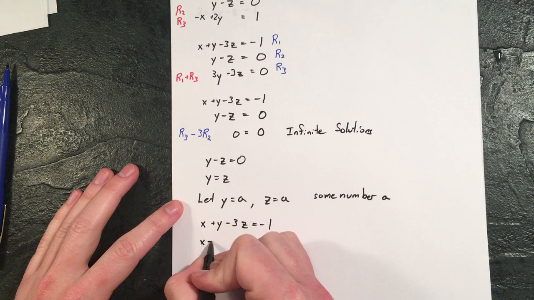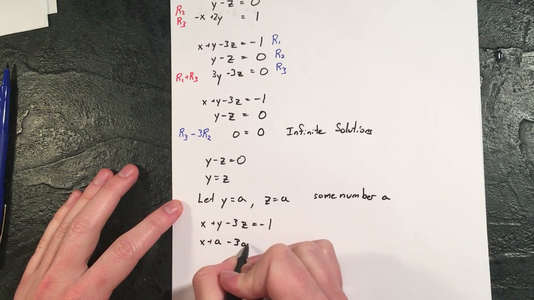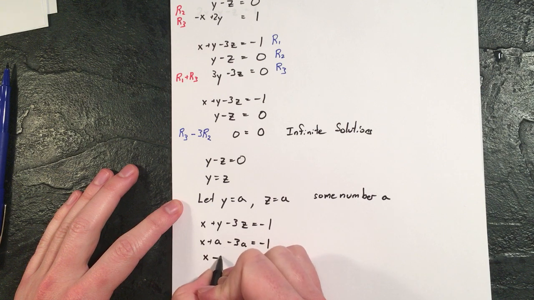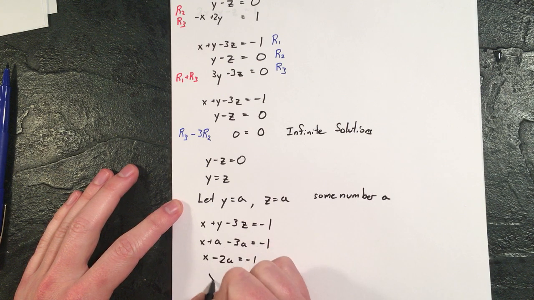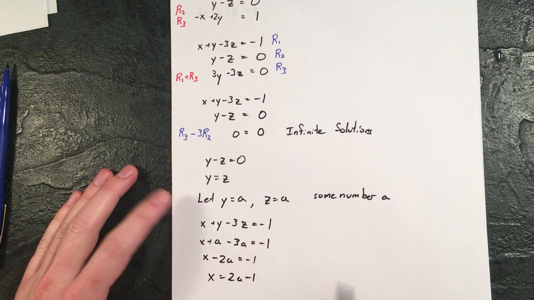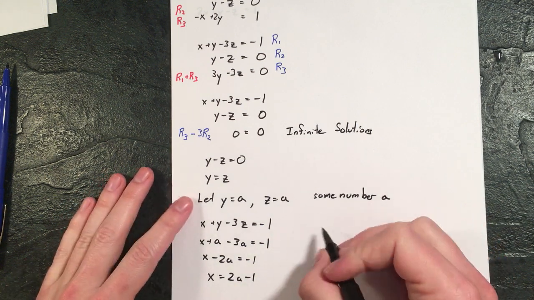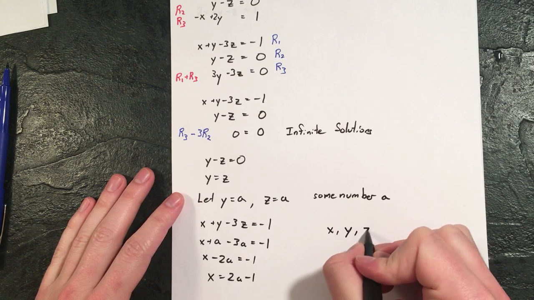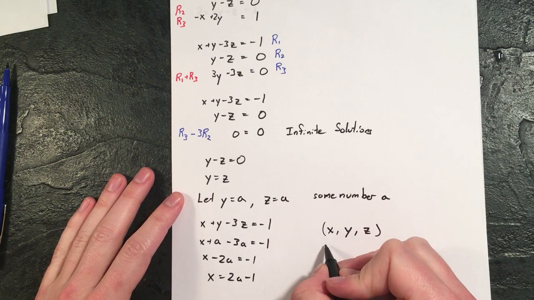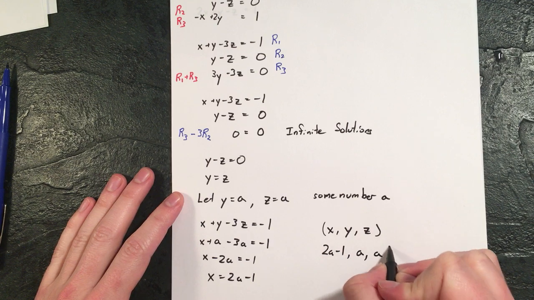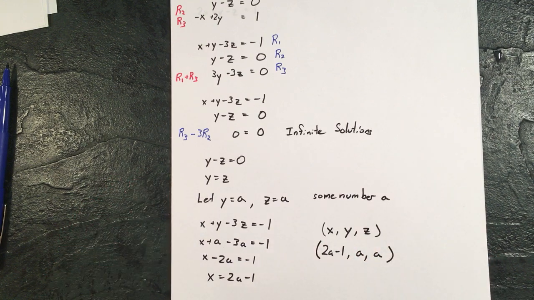From here, what we can do is we have that first equation, and let's put a into here. So a minus 3a. So x equals 2a minus 1. So our solutions all look the form x, y, z. We know all the x's are going to look like 2a minus 1, y is a, and z is a.